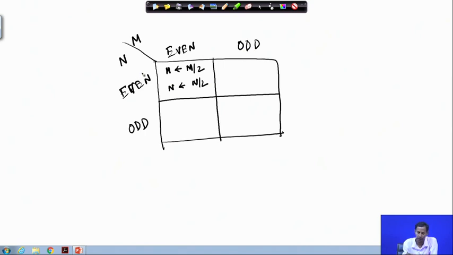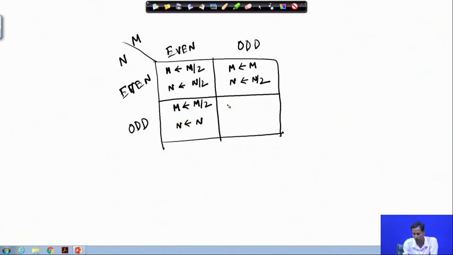When m is odd and n is even, m equals m and n equals n by 2. When n is odd and m is even, m equals m by 2 and n equals n.